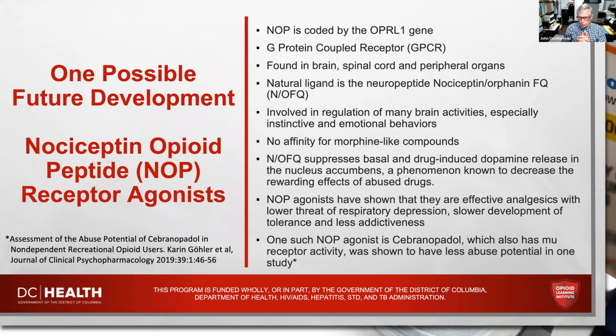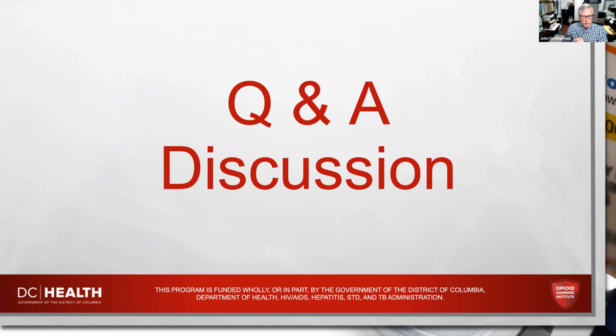And so they came up with this drug, which is called sabranipodol, and they've actually done a study. Now, sabranipodol has some mu receptor activity, so it's not a pure NOP receptor agonist. But in one study, it was shown to have less abuse potential, and they didn't give a dose sufficient to induce respiratory depression, so they didn't look at that.